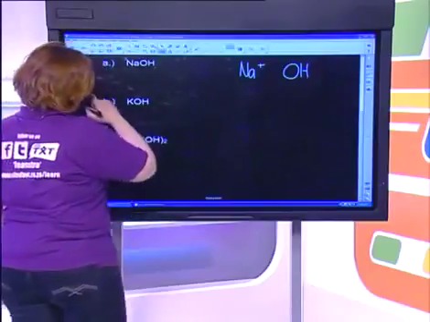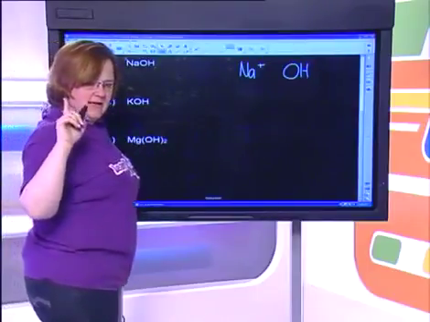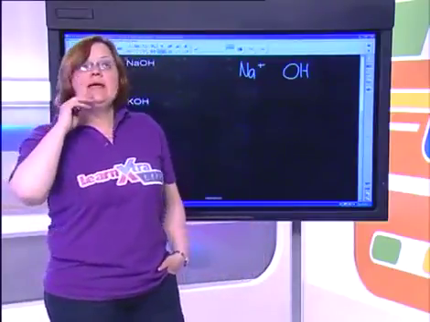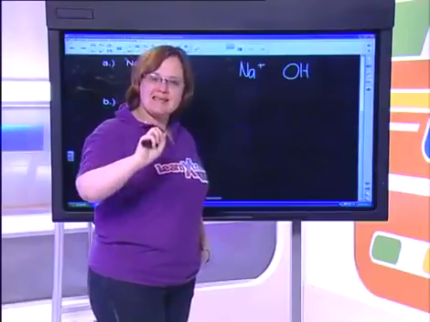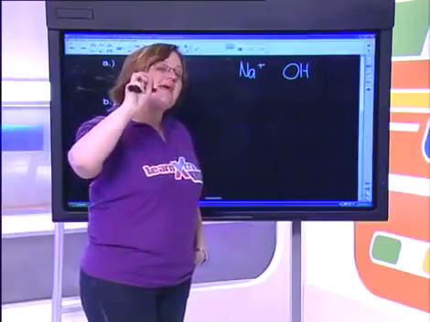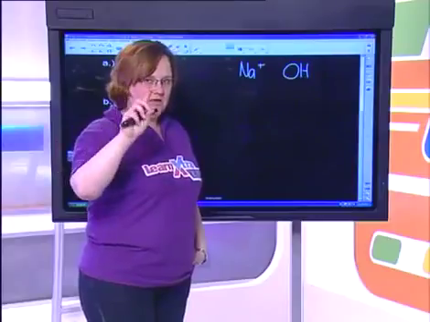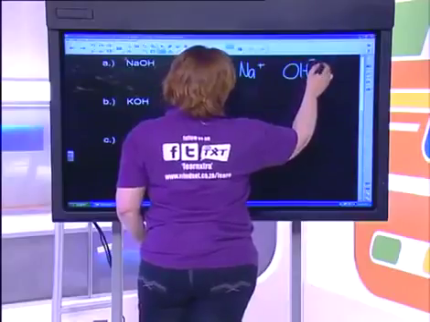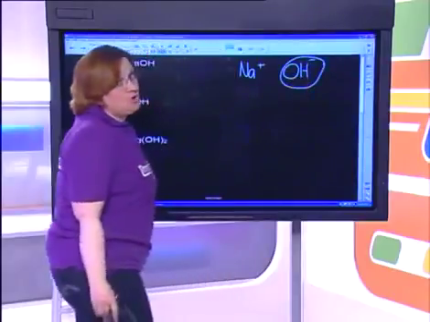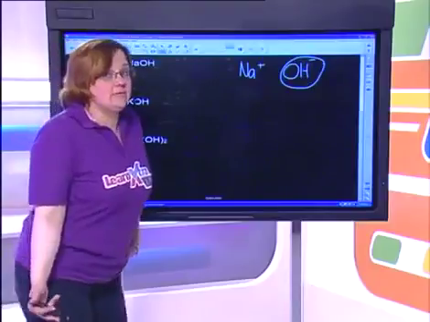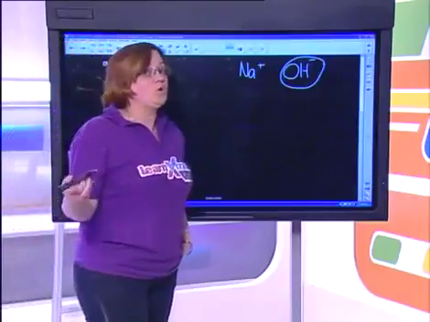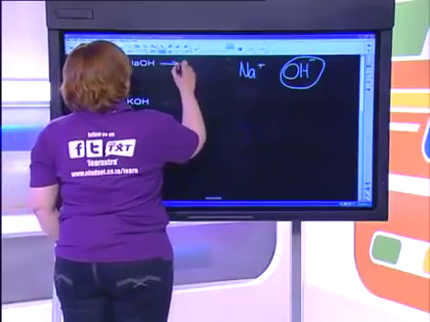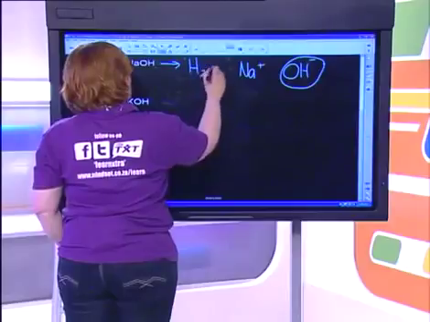It's a base, which is going to take a hydrogen. A hydrogen is an H plus ion. If we look at the makeup of the sodium hydroxide, the hydrogen has to go to the OH. The sodium can't take it because the sodium is already positive, and positive won't go to positive. You know that. So it has to go to the negative, which means this becomes H2O.